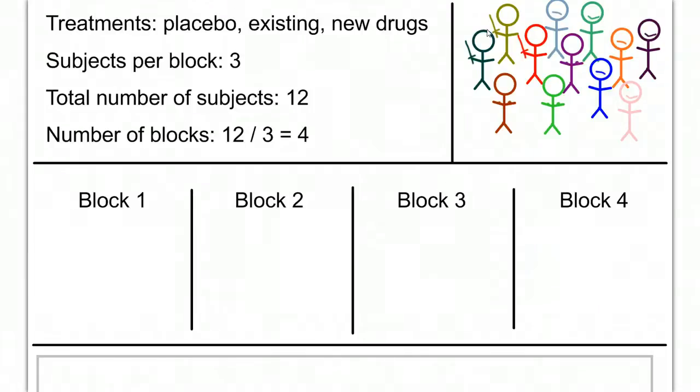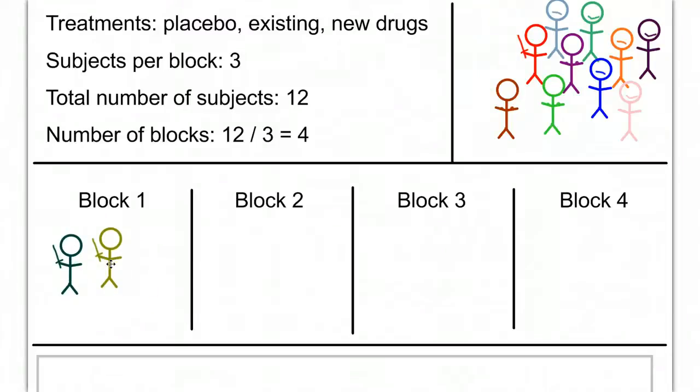Now, the way we do that is not to number them and randomly put them into each block to say, okay, this is person number 8, we randomly chose 8 to be in block 3. The idea of blocking is to get people that are the most similar paired up together, matched up together. So let's go ahead and take all the sword people here and put all of them in the same block.